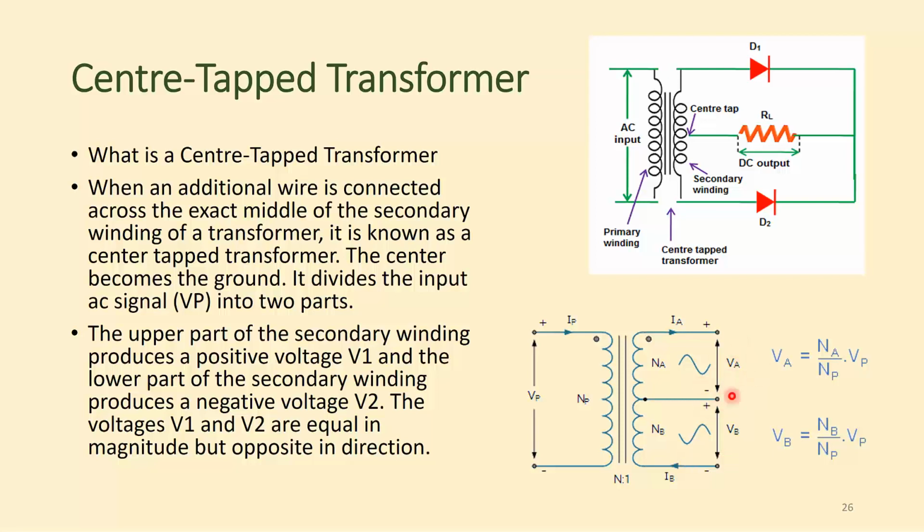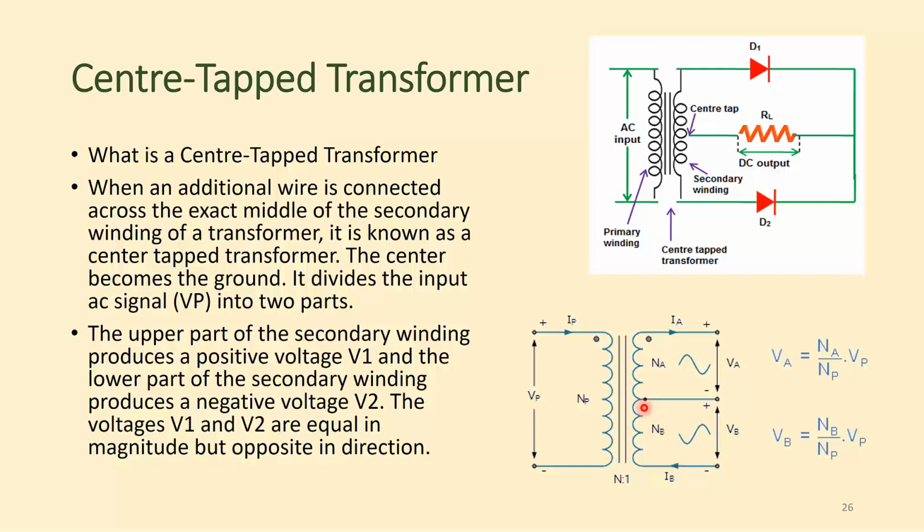This is the primary winding and this is the secondary winding. The upper part of the secondary winding produces a voltage V1, and the lower part of the secondary winding produces a negative voltage V2. The voltages V1 and V2 are equal in magnitude but opposite in direction.